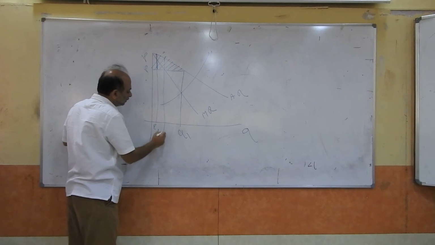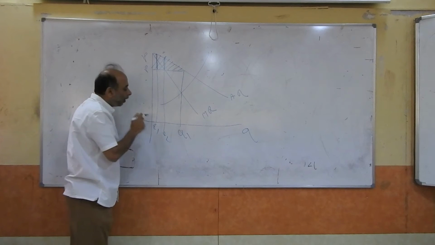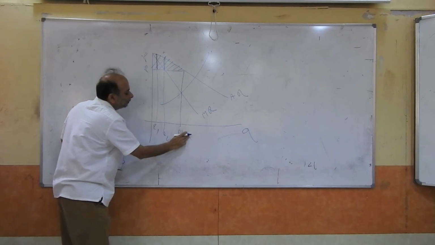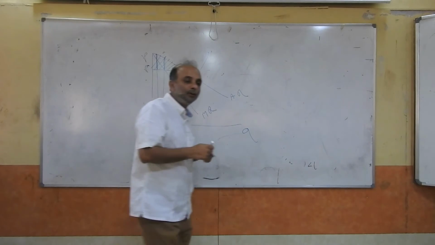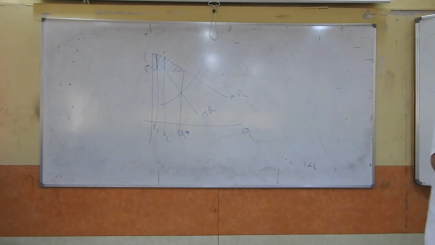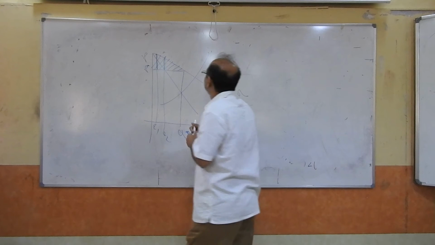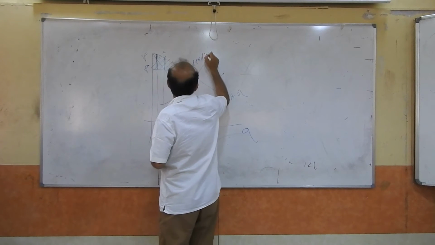The person buying Q2 actually gets this much of a consumer surplus, and so on. So the marginal consumer, the one who buys the quantity Q star, is the one who has no consumer surplus left. And then we argue that this actually is the deadweight loss of monopoly.